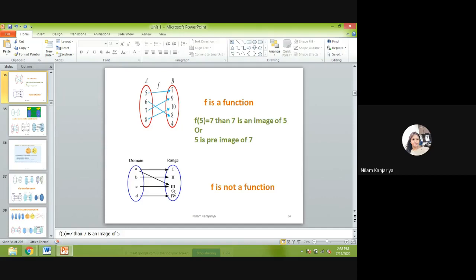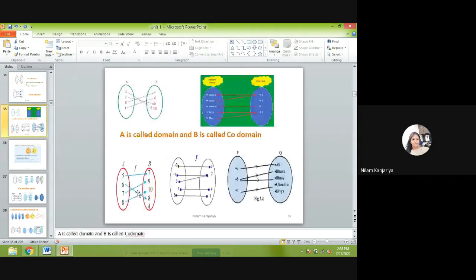It's not possible. So such a relation is not a function. Every element must have a unique image. That is possible. Such a relation is known as a function, otherwise not. We discussed this in the last lecture, and there are some examples.